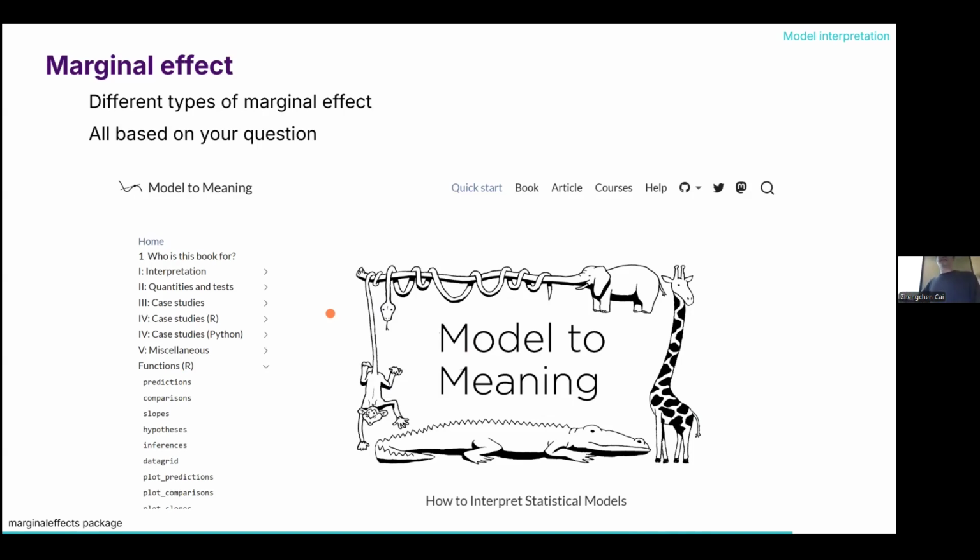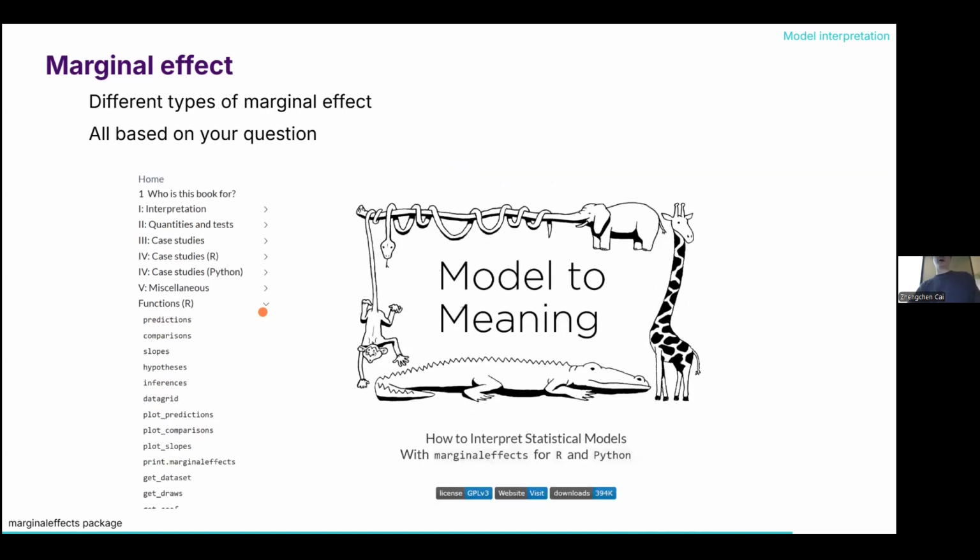But we do have a package called marginal effect size, for which you can use your Bayesian model fitting or even your maximum likelihood fitting in this toolbox, and you will specify which variables you care about and what type of marginal effect you want.